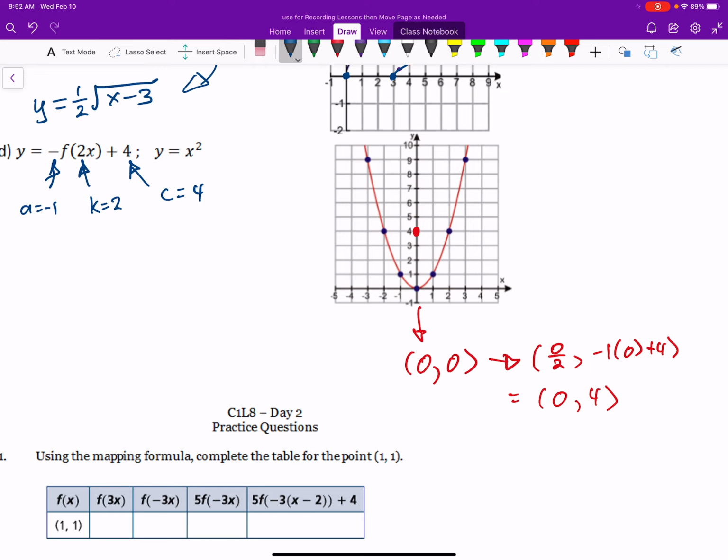Let's take this point here. So this is the point negative 1, positive 1. And so if I map that one, it's going to be negative 1 divided by the k value of 2. It's going to be the a value of negative 1 times the y-coordinate of positive 1.